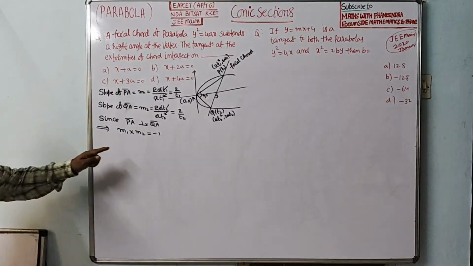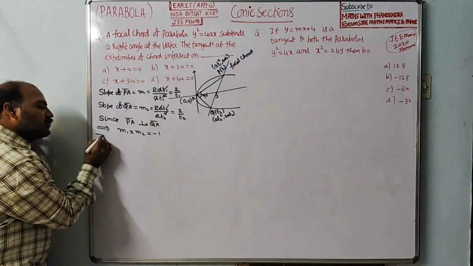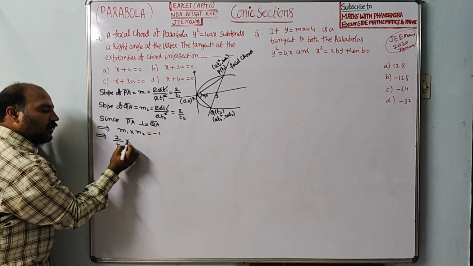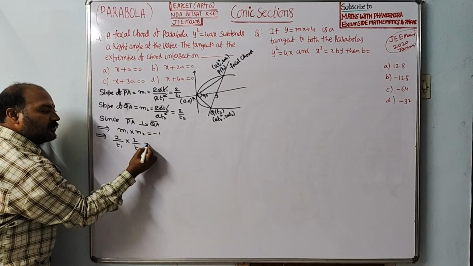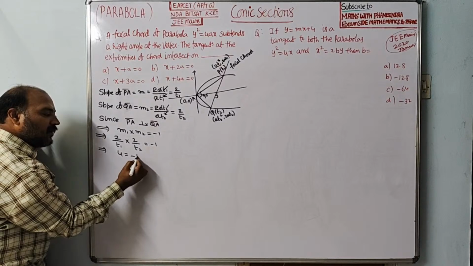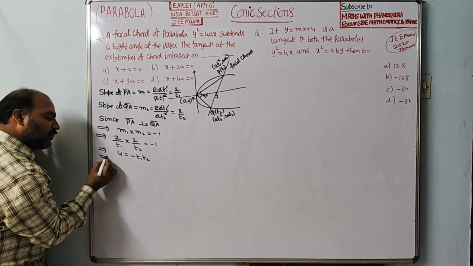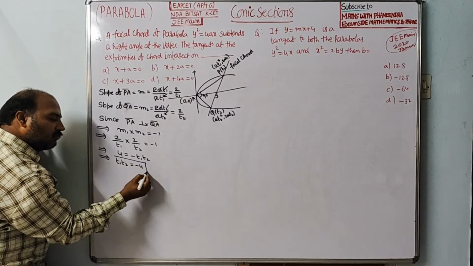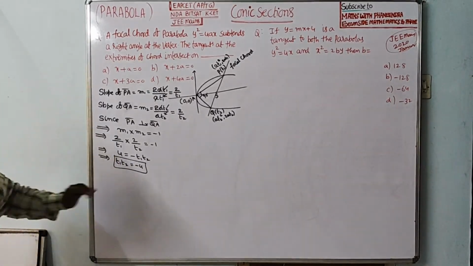The product of two slopes equal to minus 1. So that implies 2 by t1 into 2 by t2 is equal to minus 1. 4 equal to minus t1 t2. That implies t1 t2 is equal to minus 4. Okay, till here we got it.